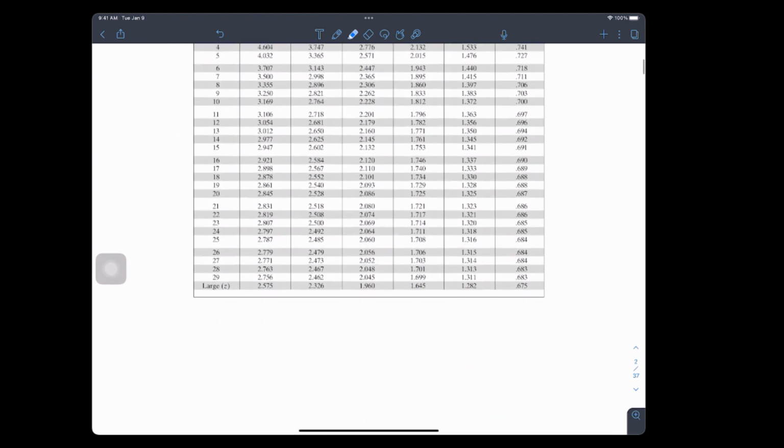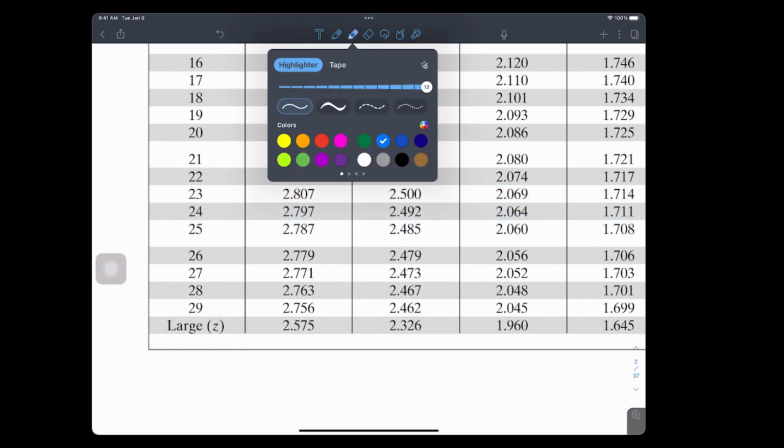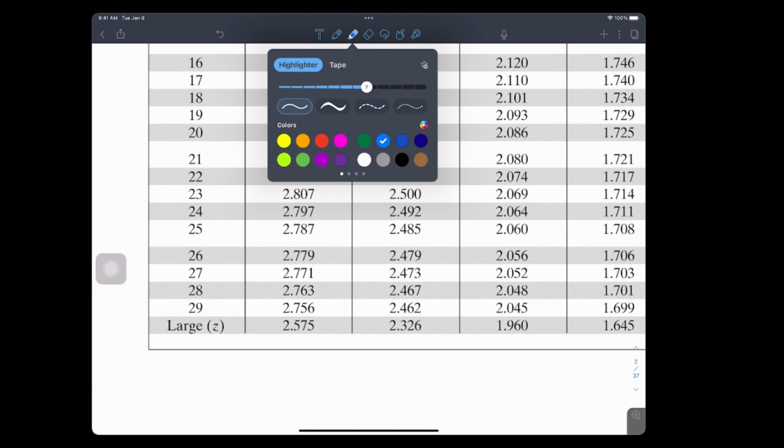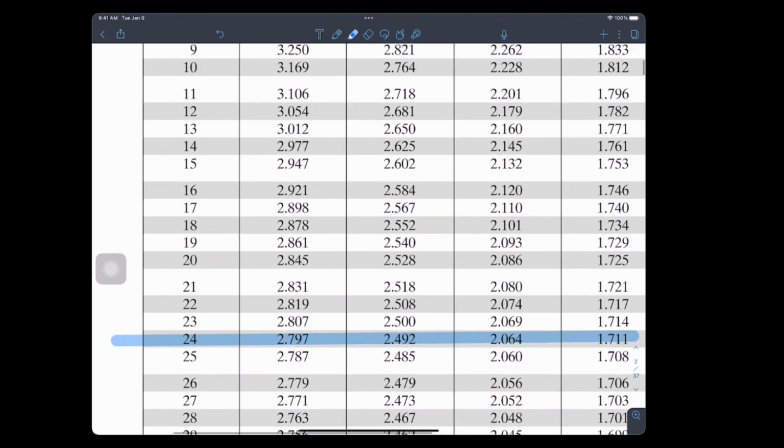Okay, so in the old days, we'd have to look for row 24. And I need a smaller highlighter. You say, Mr. Judge, did you have to look for row 24 in the old days? Yeah, I think that's too small, though. We need the degree of freedom. And then what was alpha?